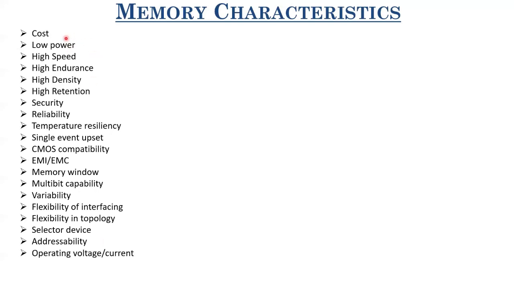Also, the operating voltage or current. Power is actually the energy dissipated or the power consumed, but the operating voltage or current is also an important parameter. For instance, I told that large cell currents are required in PCM devices. So that is one of the major drawbacks. Operating voltage and current should be such that it can be satisfied by the present technology nodes. For instance, let's talk about the 7 nanometer technology node. The supply voltage that it has got is 0.7 volts.